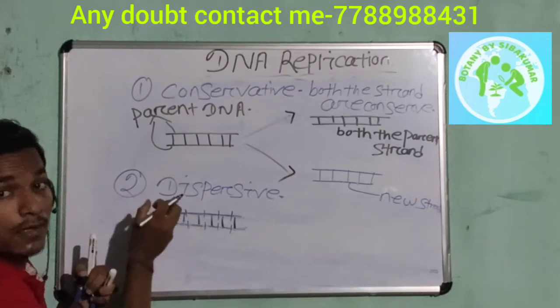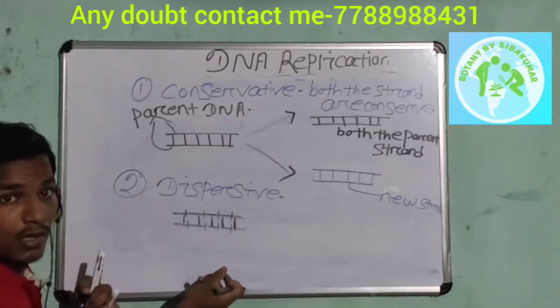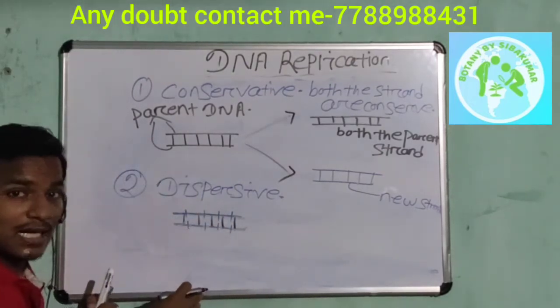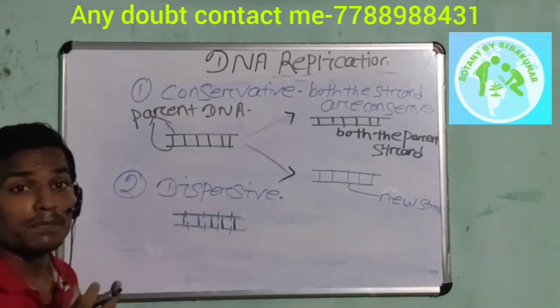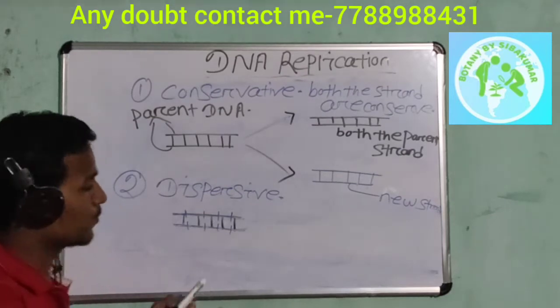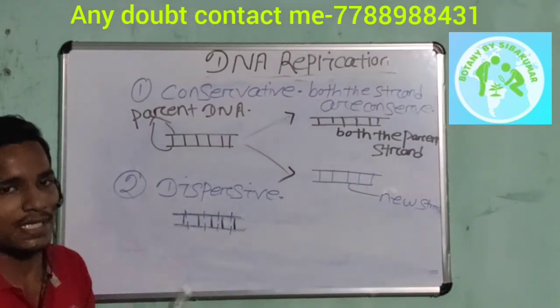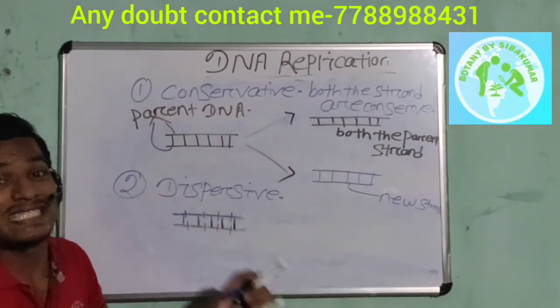Each piece replicates to form a new copy, and both the parent strand and the new strand combine to form a mixture of the strands. That means the new strand and the parent strand are present in a patchy appearance.